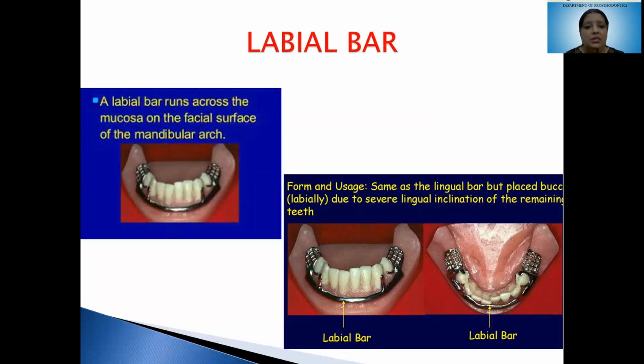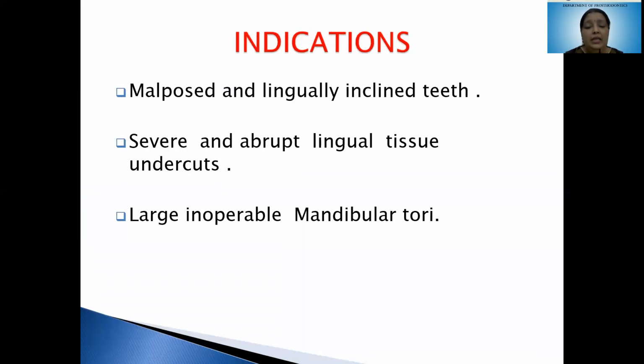It runs across the facial surface of the mandibular arch, and it is given when the lower anterior teeth are malposed, severely crowded, lingually inclined, or there are severe and abrupt tissue or bony undercuts on the lingual aspect, or large inoperable mandibular tori, or due to some surgical defects, you cannot give any major connector on the lingual aspect of the mandible.